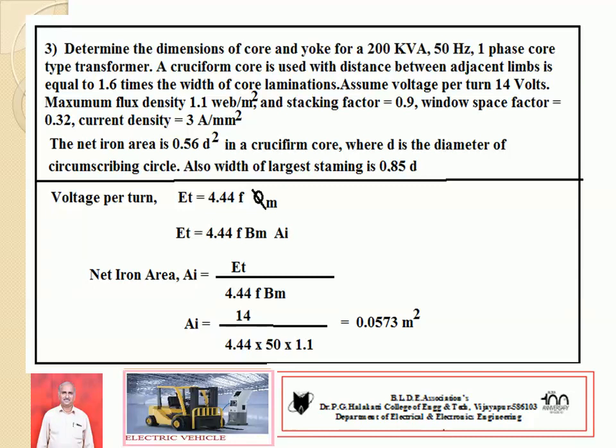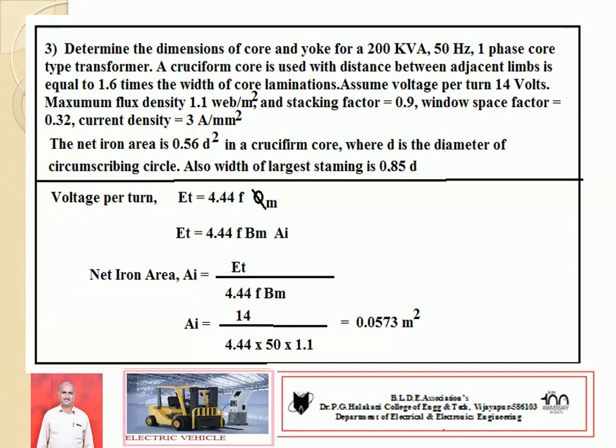Cruciform core means two-stepped core; it is another name for two-stepped core. So you have to remember the design of cruciform core dimensions. Sometimes these data are not given. Net iron area is 0.56 d square and 0.85 d, which we have to remember for the two-stepped core.